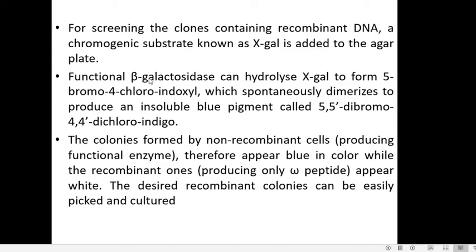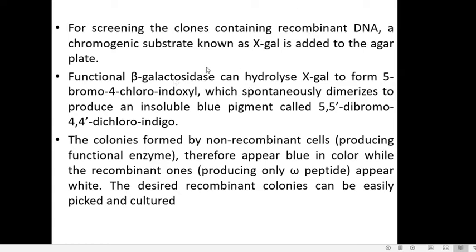That means it can hydrolyze a substrate called X-gal, and this hydrolyzed X-gal will form a compound called 5-bromo-4-chloro-indoxyl, which will spontaneously dimerize to produce an insoluble blue pigment called 5,5'-dibromo-4,4'-dichloro-indigo.